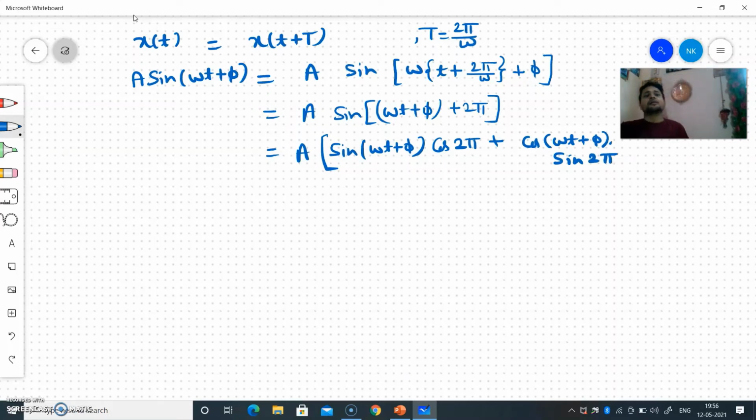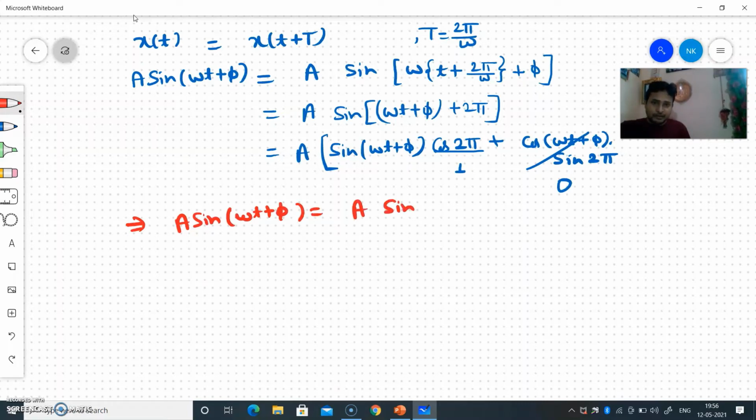We know that sin 2 pi is 0, so this term will vanish, and cos 2 pi the value is 1. So here you get A sin(omega t plus phi) is equal to A sin(omega t plus phi), since this value is 1 and this term goes to 0.